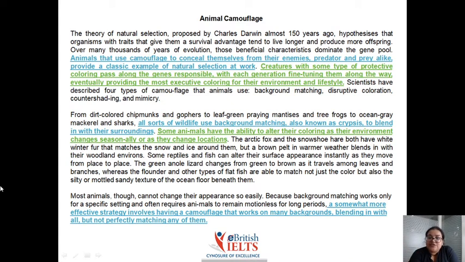It says creatures with some type of protective coloring pass along the genes responsible, with each generation fine-tuning them along the way, eventually providing the most effective coloring for the environment and lifestyle. So here they are talking about evolution of a certain kind of coloring gene which is inherited by animals, and they use it according to whatever their environment and surroundings are like, right?